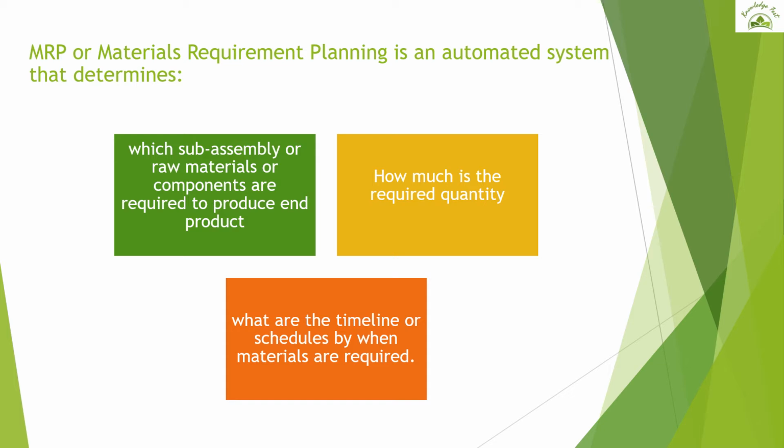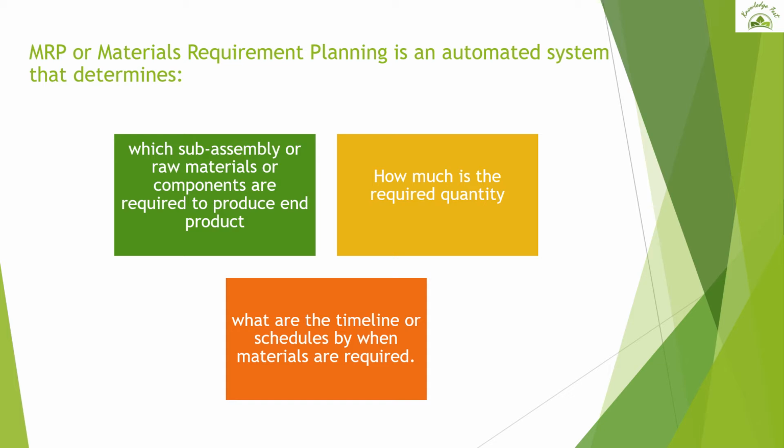Let us assume that there is a car manufacturing company which produces two varieties of hatchback car. So here hatchback car is the end product. Now, in order to make the end product, the company requires a number of raw materials and sub-assembly components, right? What will happen if the company carries an inventory level which is much higher than the actual requirement for each of the component material?